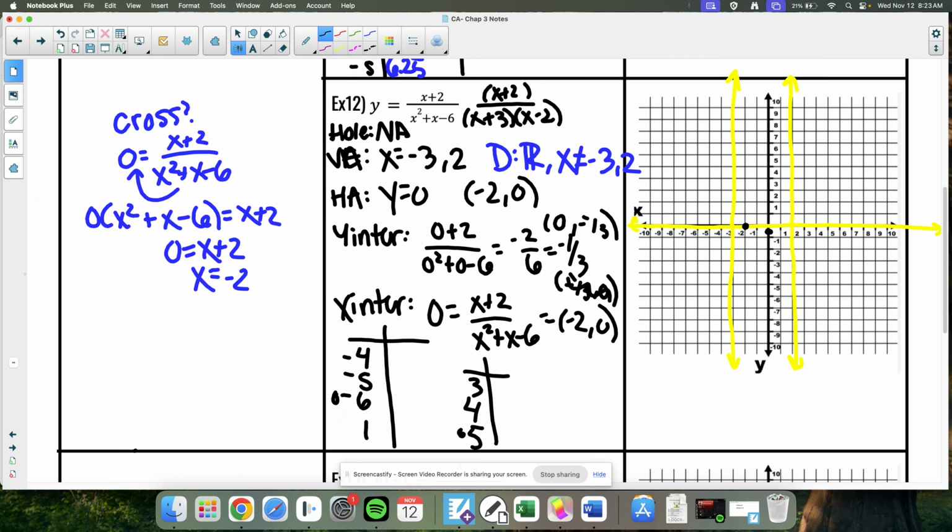When you plug it in, make sure you're using parentheses. And then sometimes it's easier to plug into your factored form, especially if you enjoy doing mental math. Because if you plug in a -4, what's -4 plus 3?